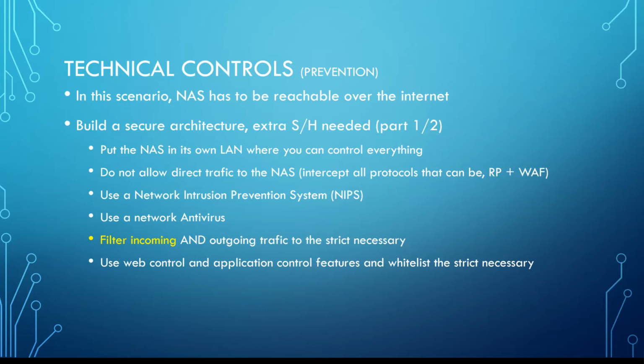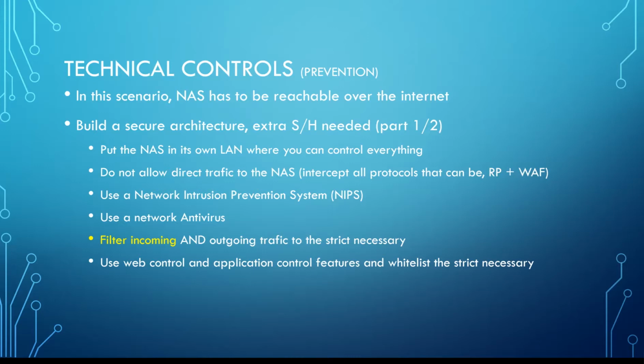You've got to intercept all protocols that can be used behind a reverse proxy and a web application firewall. We can do that for most of the standard packages, except for DS Cloud because it's a proprietary protocol, and I've tried, but I cannot intercept it. It has to go directly.